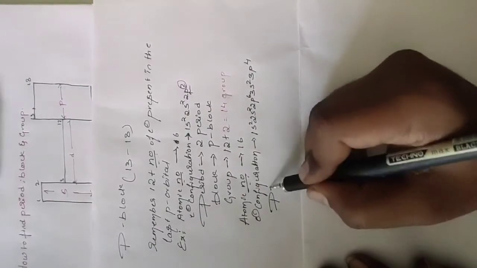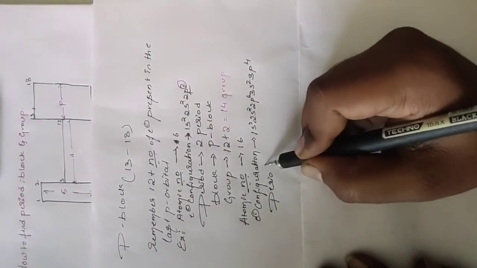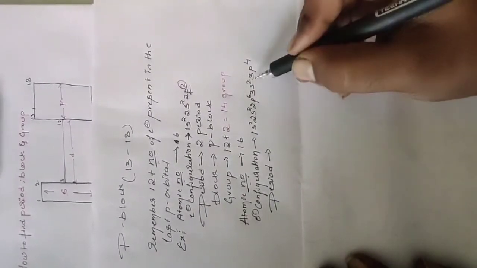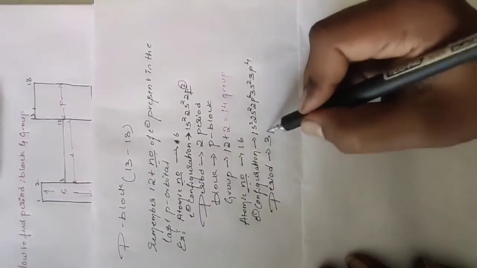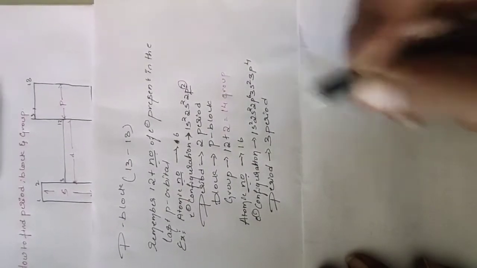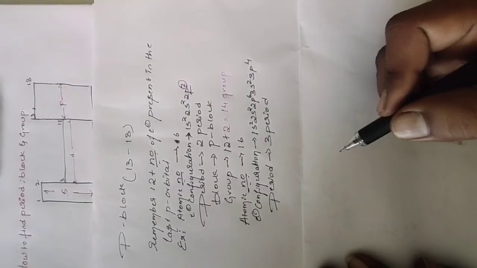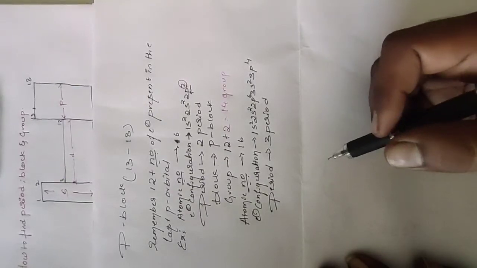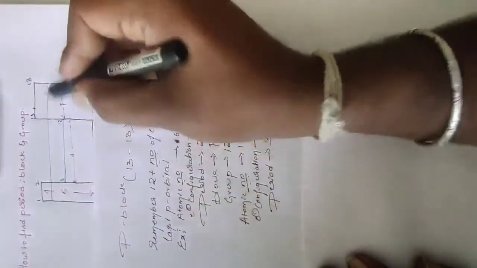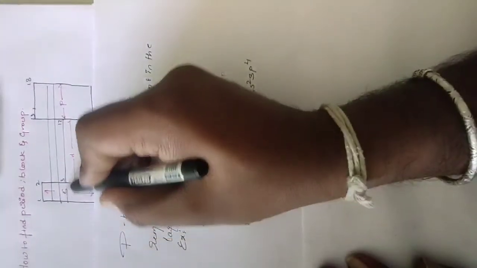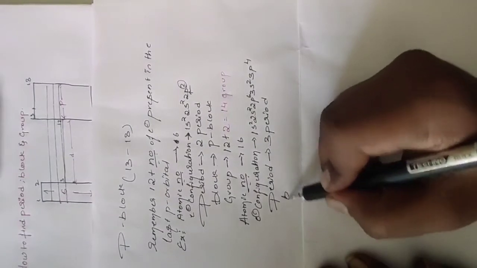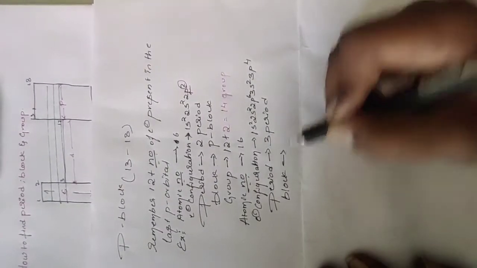While writing the period, you see that the highest n value is 3. It is the third period, it will come here. Next, which block does it belong to?